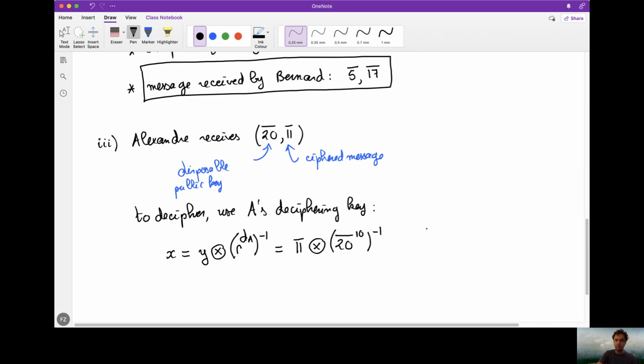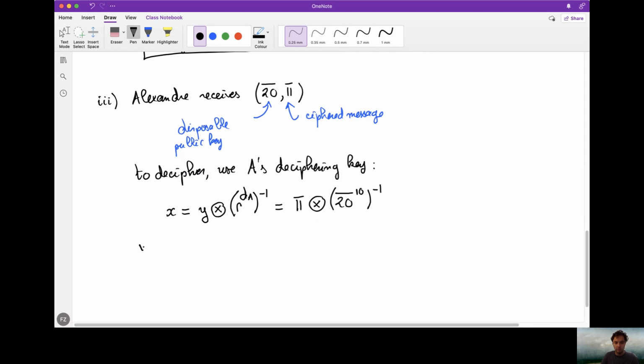So you can start maybe computing R to the power -1. We have 20 to the power 10, that is equal to 8, okay? And then you have to find the inverse of 8. Luckily, this time is very easy. We don't even need to use the extended Euclidean algorithm to do this because modulo 23 is quite obvious. 8 times 3 is 24, so that's equal to 1 modulo 23.